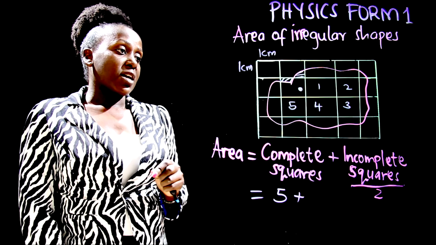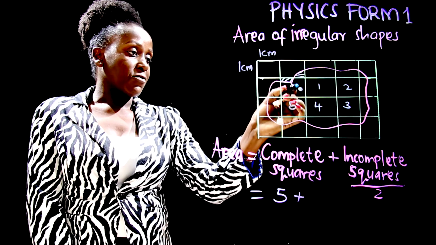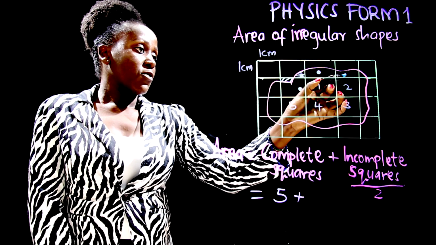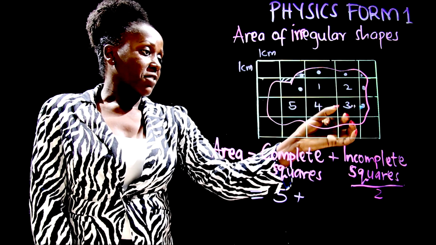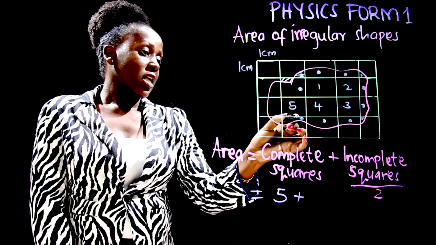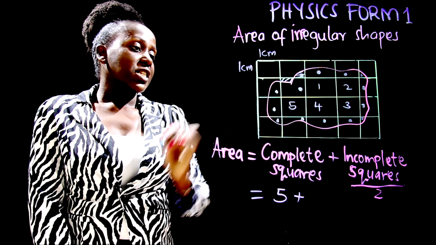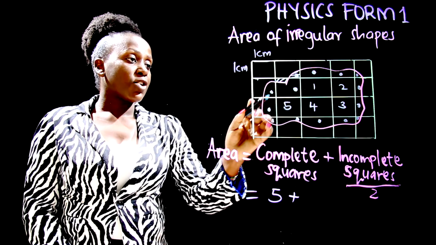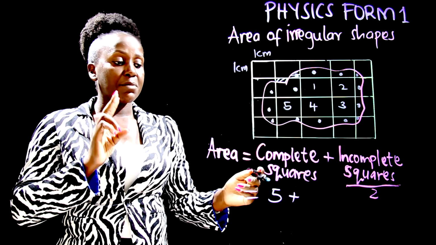So let us find out how many incomplete squares we have here. We have 1, 2, 3, 4, 5, 6, 7, 8, 9, 10, 11, 12, 13, 14. 14 incomplete squares. So the incomplete squares are 14. Then 14 you divide by 2.